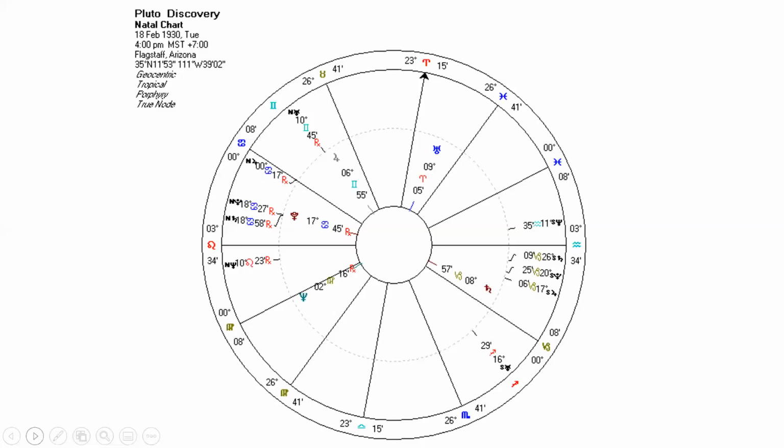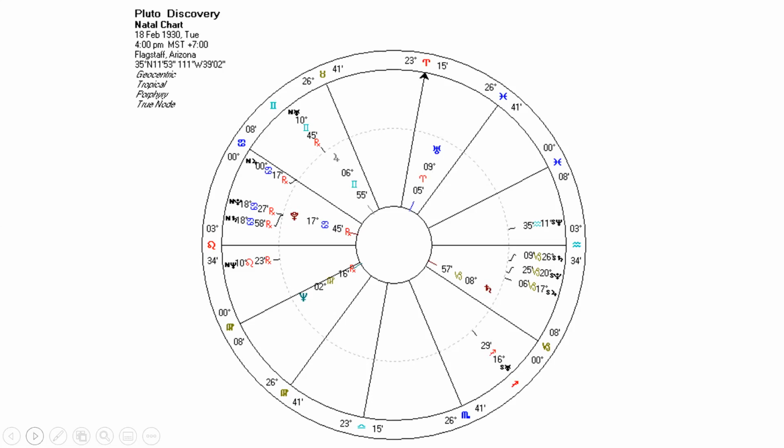Here's Pluto's discovery. And again, the fact that Pluto was discovered near its own south node was because, being along the ecliptic, the sun's path, shone more light in that region, and so Pluto was able to be discovered. You see Pluto's discovery at 17 degrees Cancer and retrograde in the chart here.